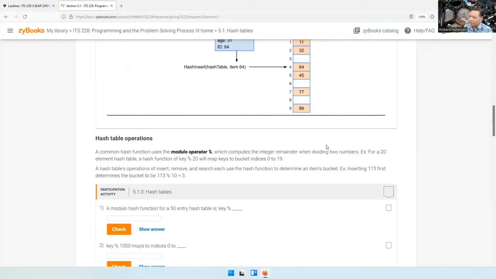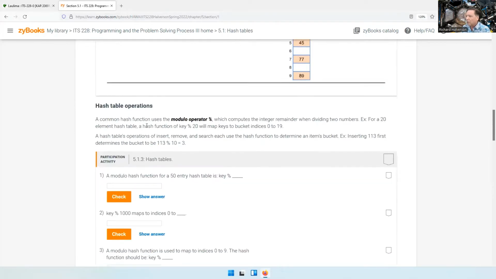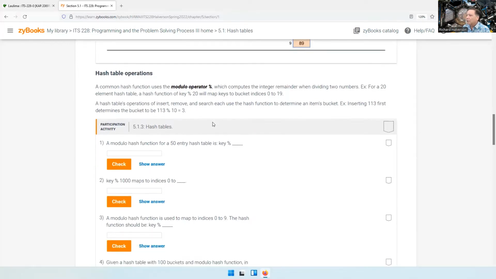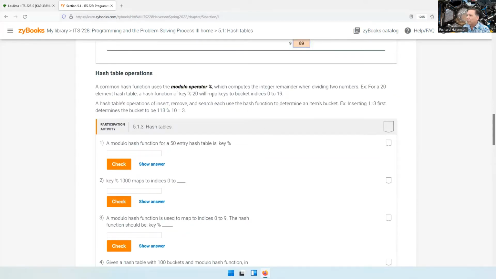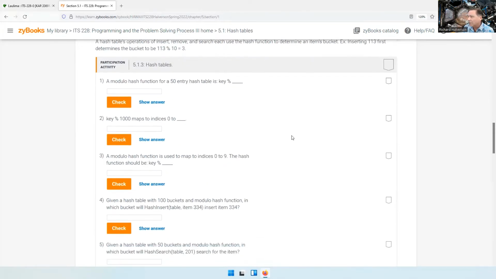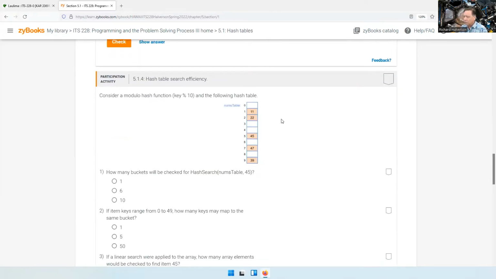So a common hash function uses the modulo operator, and it doesn't have to be a multiple of 10 or 100. In fact, it's better if it's some sort of odd number. It's best if it's some sort of prime number, because then the chance of getting collisions is reduced in theory.